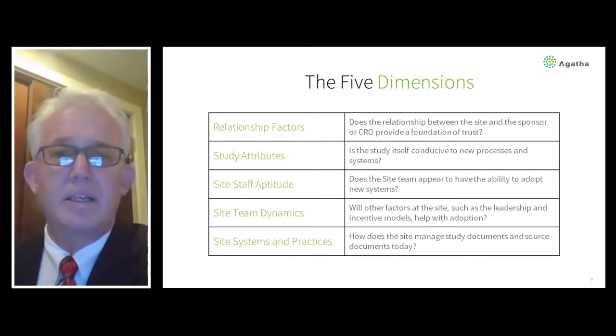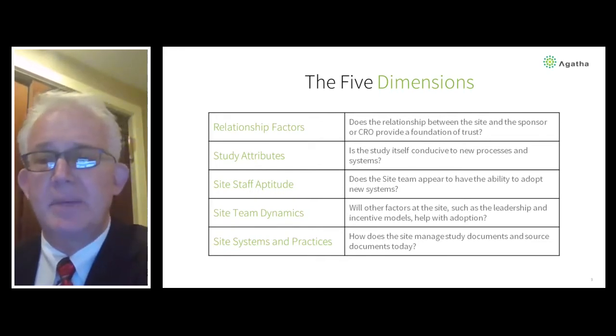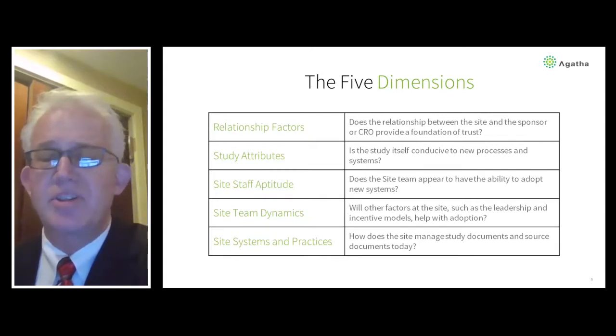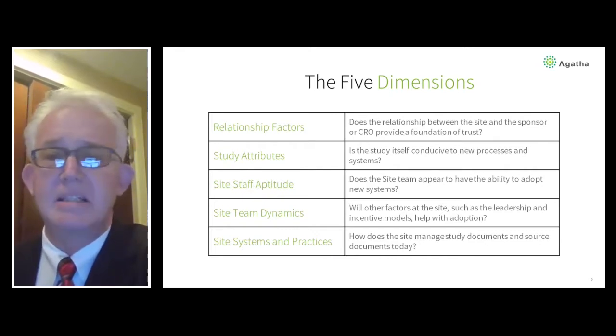Let me run through the 5 dimensions. Relationship factors. So again, remember the scenario. What's your relationship with the sponsor or CRO's relationship to the site? Is it long-standing and based on trust? What are the study attributes? Is the study right for a shift to remote monitoring? How many sites are involved? How big is the study? What phase is the study?